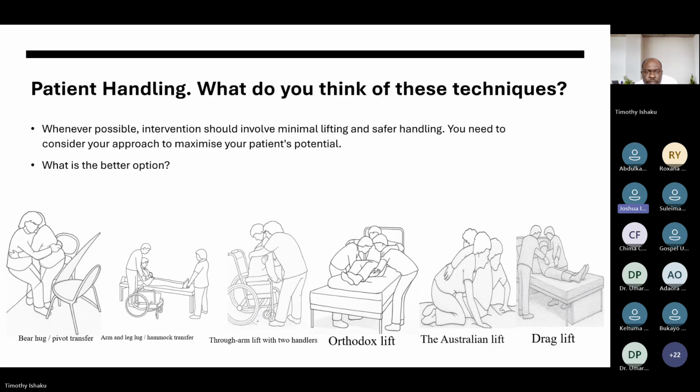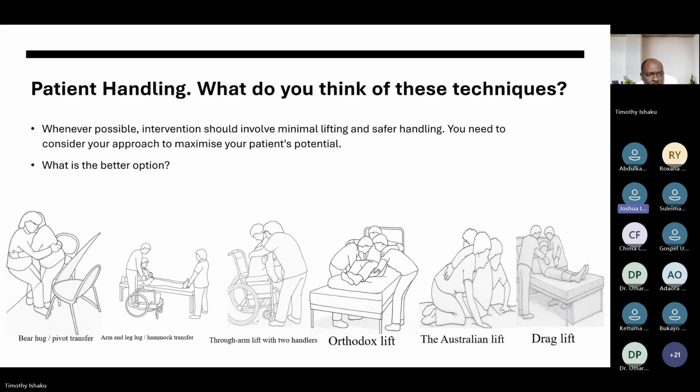Only that based on what we are learning today, we need to put in our approach, our technique, in a way so that we won't harm ourselves and also harm our patients. Like for example, the bear hug and the pivot transfer is what we are conversant with and we use most often. And same with others.